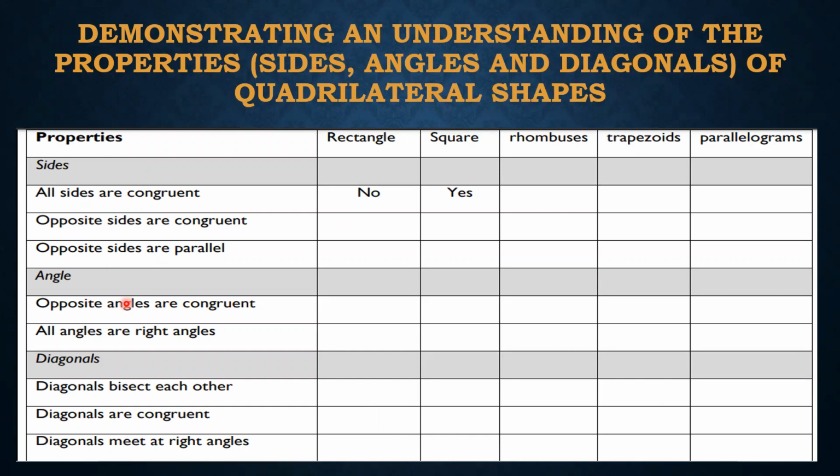Now we talk about the size. We have talked about the angles and we have talked about the diagonals. So per this one, let's see the properties. The properties here, we are taking the size: rectangle, square, rhombus, trapezoid, and parallelogram. Now we are going to talk about this one. Now let me move a pencil.